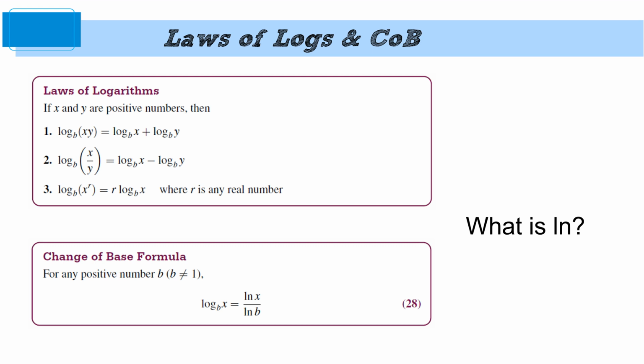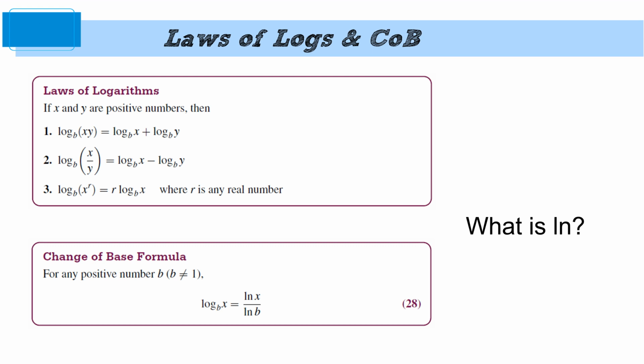Your calculator will only do log base 10 or log base E, also known as the natural log. So if I give you a problem involving log base 7, for instance, you're going to have to convert to one of those bases. Normally, we're going to use natural log for no particular reason, just that it's more common than log base 10.